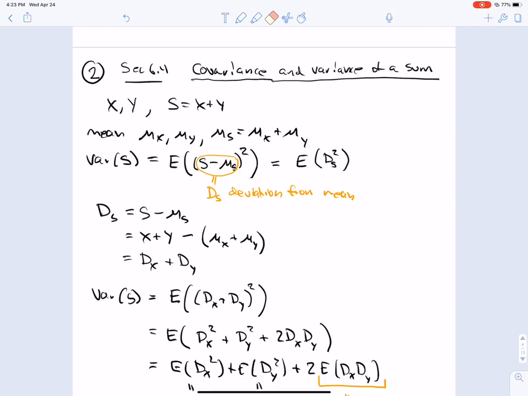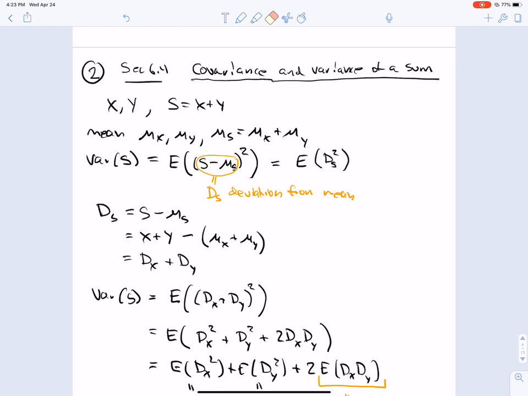So we're done with section 6.3, on to section 6.4 on covariance and variance of a sum. So we have X, Y, S is X plus Y, the mean of X is mu X, the mean of Y is mu Y, the mean of S is mu S. The variance of S is the expectation of (S minus mu S) squared.